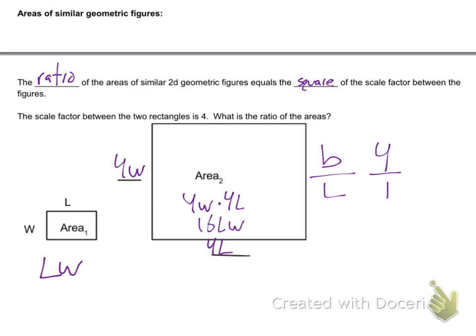Now, according to the statement above, the ratio of areas would just be the square of that. So you take the scale factor between two similar figures, and you would exactly know the area ratio as well.